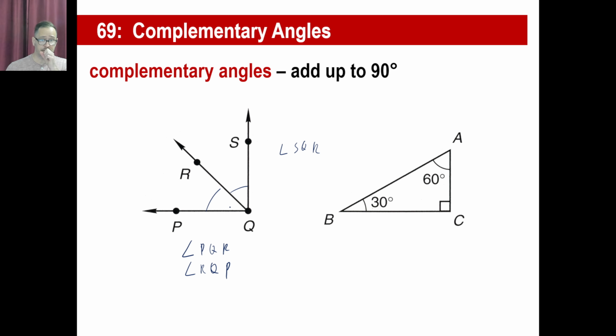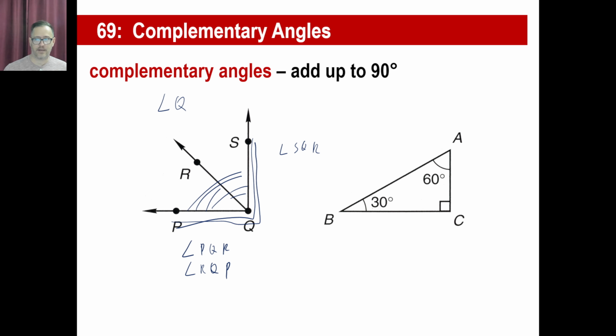Now in this one, you wouldn't want to tell somebody, hey, there's angle Q. The person will look at you and go, what do you mean angle Q? Do you mean this angle? Or do you mean this angle? Or do you mean the entire thing? That angle would be PQS or SQP. So you need to be specific about that.